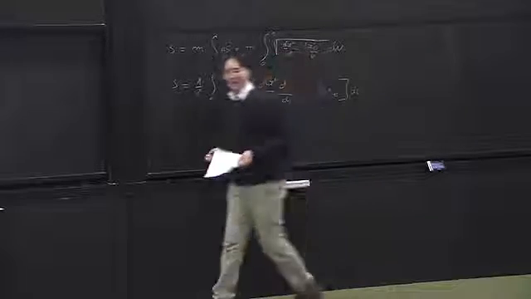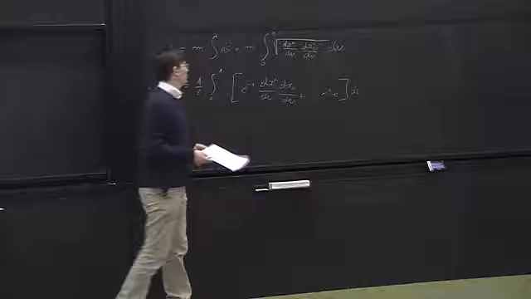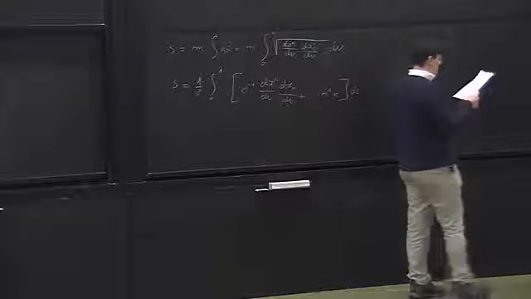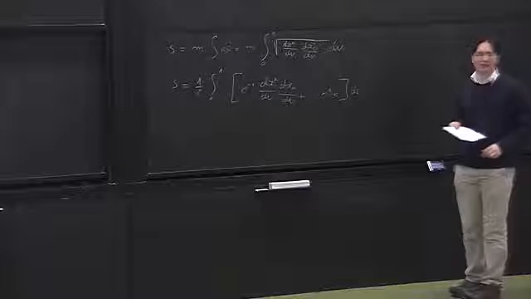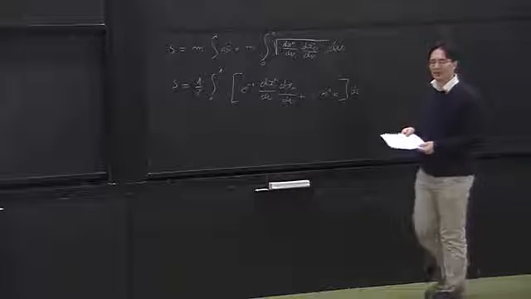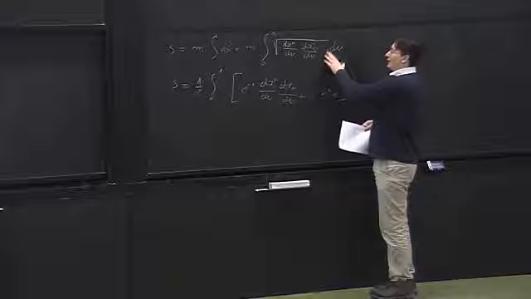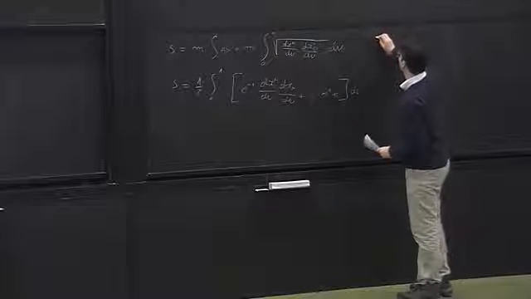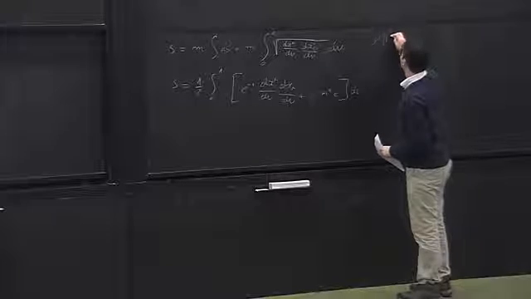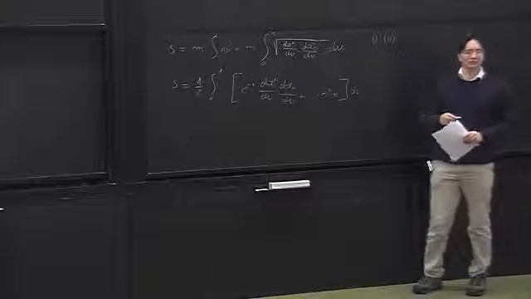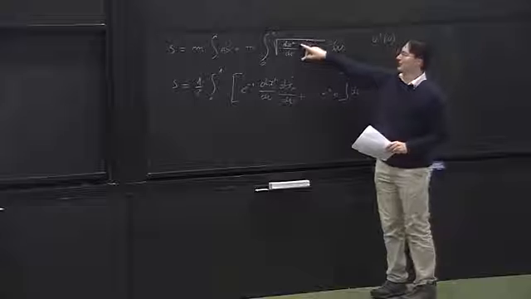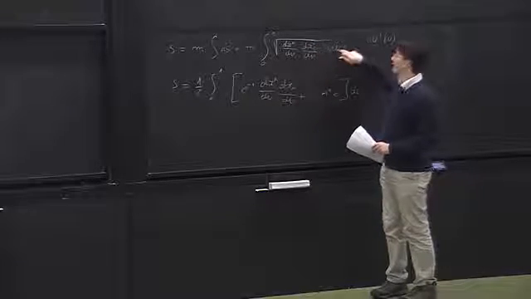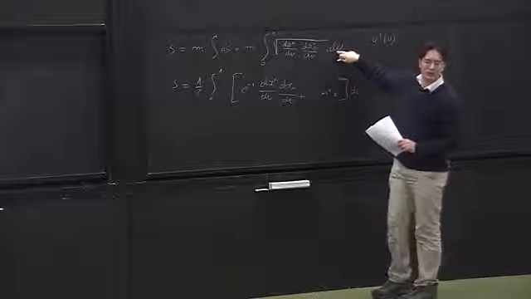I might say that I've gained little. Okay, I don't have a square root anymore, but I have a 1 over E. But this action actually has a nice symmetry. This action was parameterization invariant, meaning if I change from u to some new variable u prime, your derivative transforms by the usual factor du over du prime, which comes out of the square root and cancels against the Jacobian of the integral.